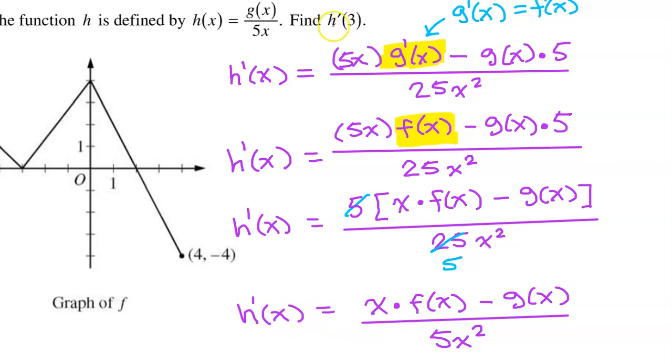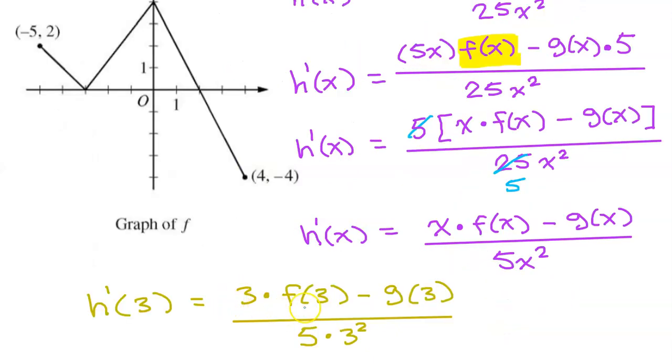We were asked to find h prime at 3. So I will simply substitute 3 for all of the x's. So now we have this. Let's use the graph of f to find the value of f at 3. We find that f at 3 is equal to -2.